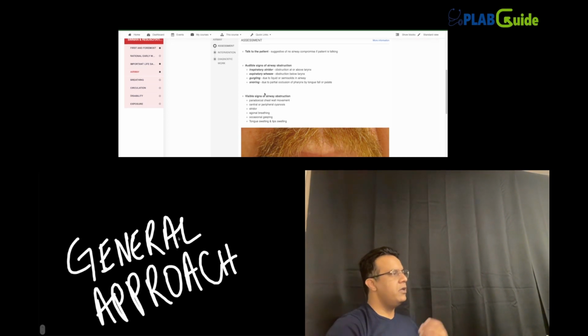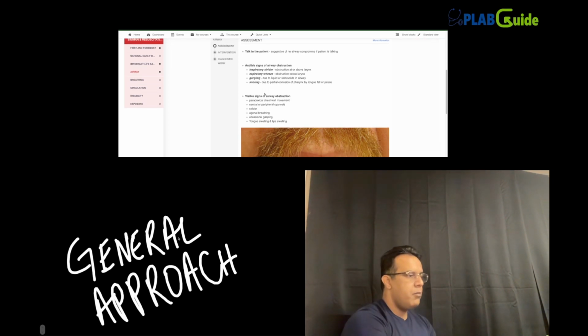Otherwise, look for any signs. There are many other signs and symptoms that you may see on the patient's face, like the audible signs and visible signs. On the visible signs, you can look for if there's any nasal flaring, if there's any pursing of lips, if the patient is struggling, if the patient is distressed.